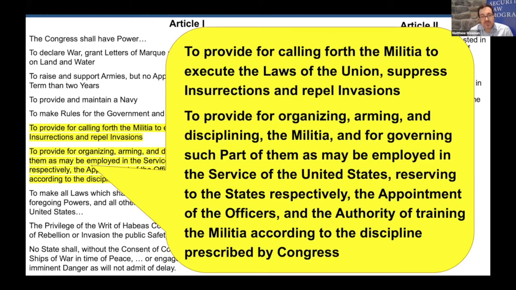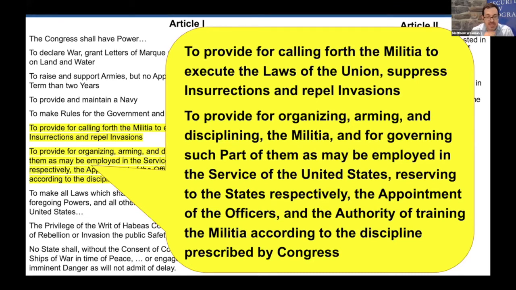Here we really have to look at practice, and the practice in this area begins in the George Washington administration, where Congress exercises this power with a set of militia acts that delegate quite a lot of power, quite a lot of discretion to the president.